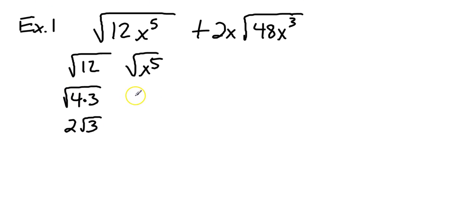With x to the 5th, you're going to take 2 and divide it into 5. That's going to make it x to the 5 divided by 2. So when we take 2 and divide it into 5, we're going to have 2 on the outside and 1 on the inside.